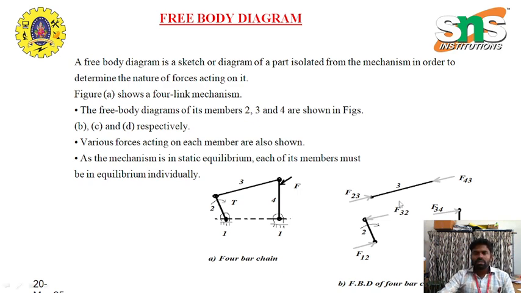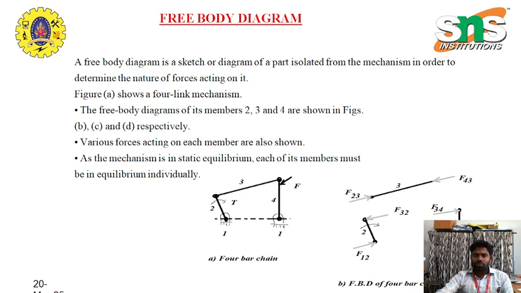We go on to link 3, with forces from link 2 to 3 and from link 4 to 3. These are equal and opposite forces on link 3. At the left end of link 3 is F23, the force acting from link 2 to 3. On the right side, the force acting from link 4 to 3 is F43.